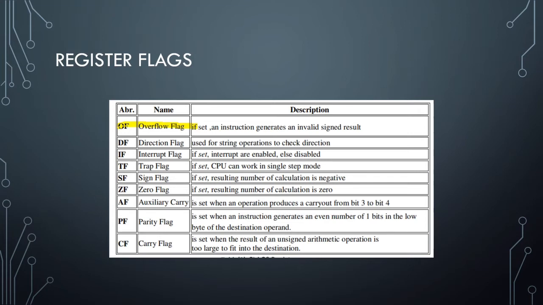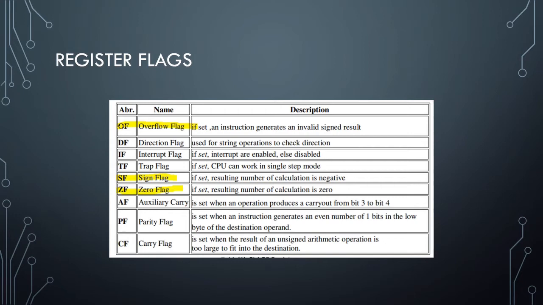Or for example, if we end up with a negative number from our calculation, we would see a 1 in the sign flag register. So that would throw up a value of a 1 to indicate that the calculation is negative. If the result is 0, then we would see a 1 in the 0 flag register to indicate that the result of the calculation is 0.